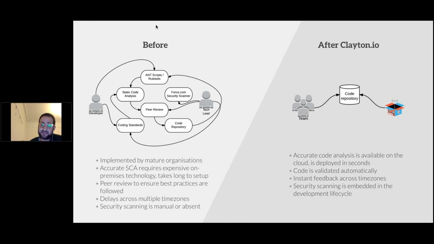That requires maturity and a lot of understanding of the platform, and it's not something we can take for granted. In mature organizations, there are a number of ways to mitigate that: tools, standards, and practices like peer reviews and code reviews. Parts of these can be automated, but it's still a lot of effort and not something everyone can implement.